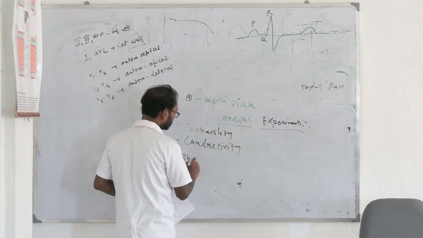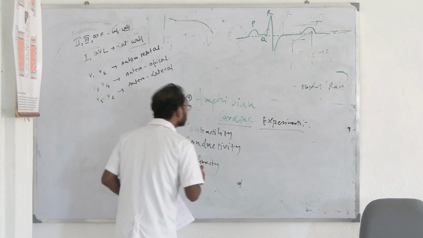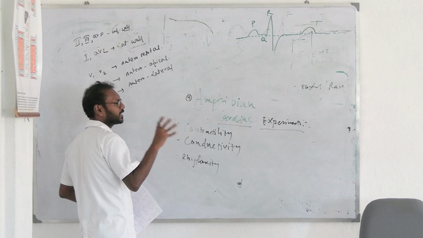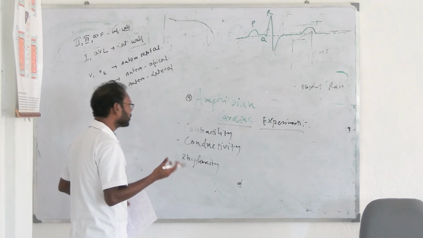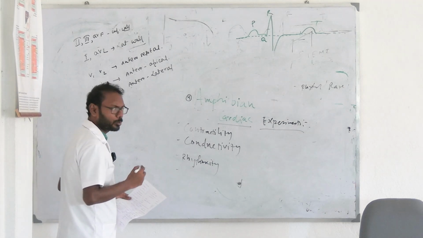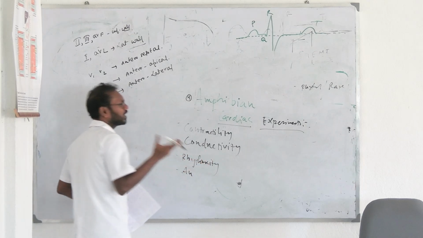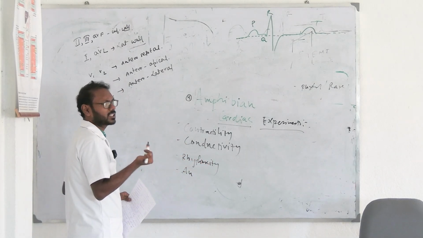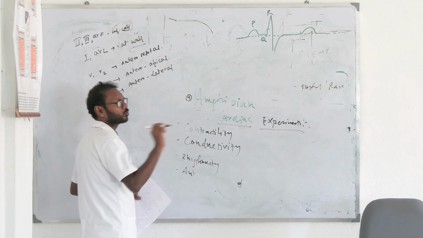So rhythmicity, we also notice the rhythm of the cardiac muscle or cardiac rhythm of the frog. After rhythmicity we will be noticing automaticity. Automaticity means, is the impulse generation automatic, or every time will we have to provide an outside impulse?